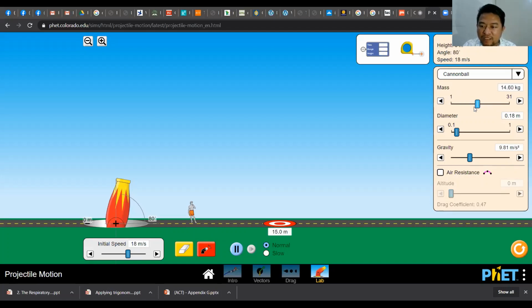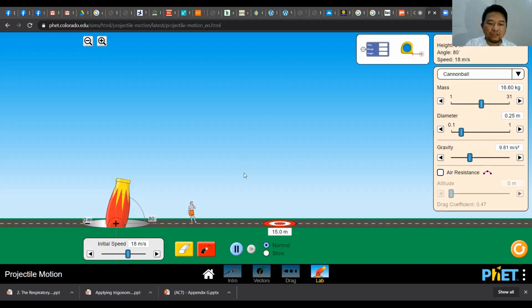You can move this tab here. You can set it at default for a certain value, say any value, 16.6 kilograms. And then you can also change the diameter of the object. You can also change the gravity, but initially it's set at default at 9.81 meters per second squared. You can also add air resistance and consider what happens if there is air resistance.